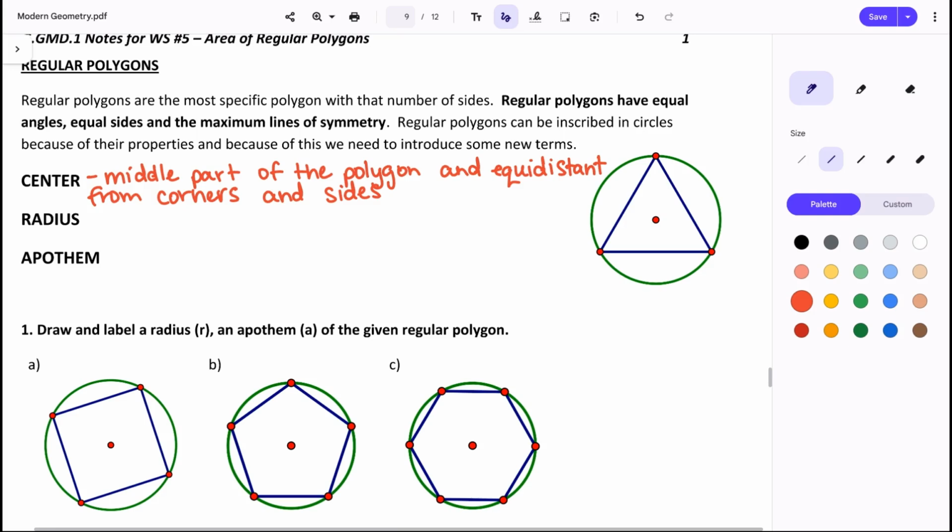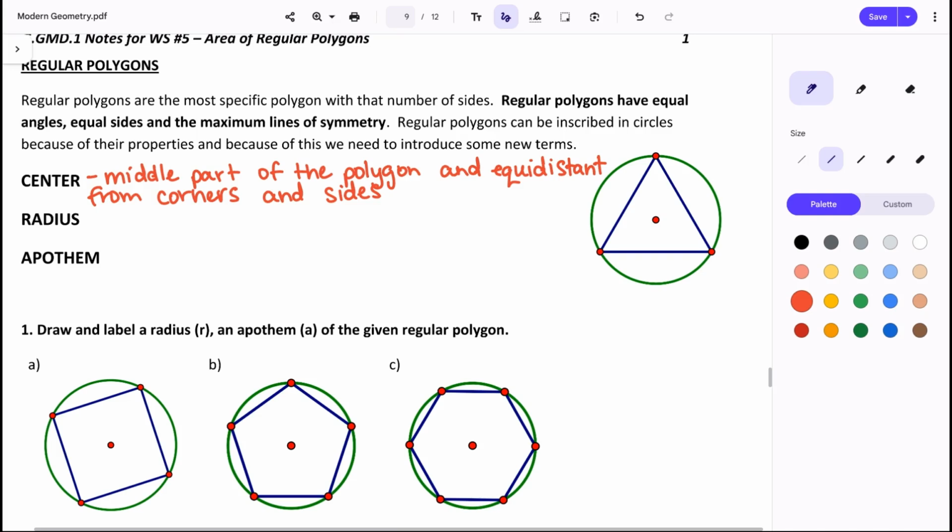So this center point right here is the same distance to these 3 corners on my triangle. If I actually drew those lines in, they would all be the same, and it's the same distance from all 3 sides. So again, if I connected the center to all 3 sides, it would be the same distance, as long as I go to the same point on all 3 of my sides.